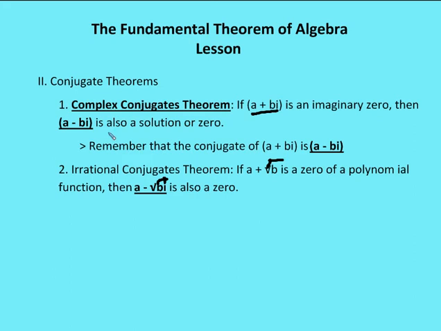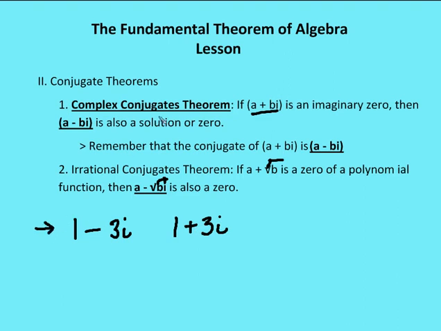So you always have some multiple of 2 for the roots if you have an irrational number or if you have a complex number. So if I have a root and I find it's 1 minus 3i, then I know that there needs to be at least one other root that's going to be a complex number. It's going to be the conjugate of the original value. It's going to be 1 plus 3i.